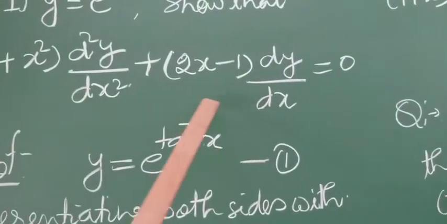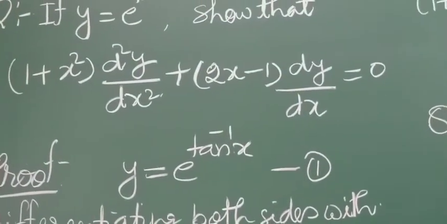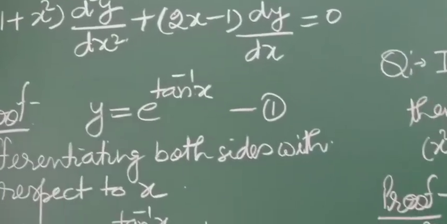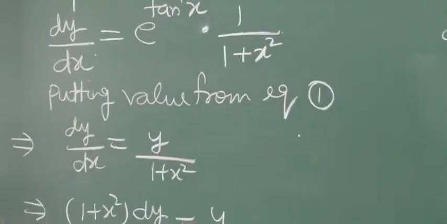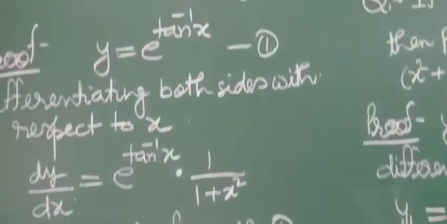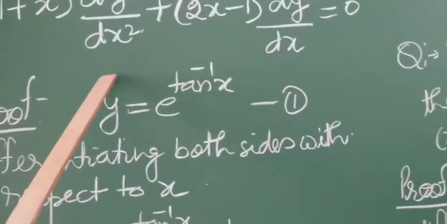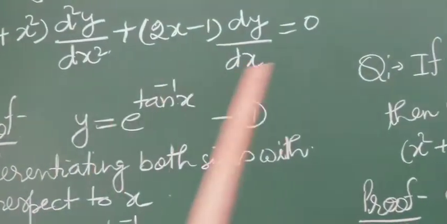Then at last you will get 0. So students, if you want to prove directly by using this, it's okay. Or if you want to find out first dy by dx, then d square y upon dx square, then by putting these values here, you can prove this also.